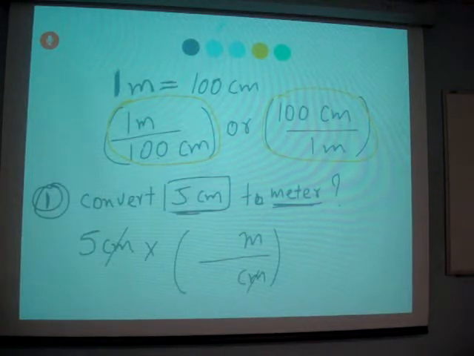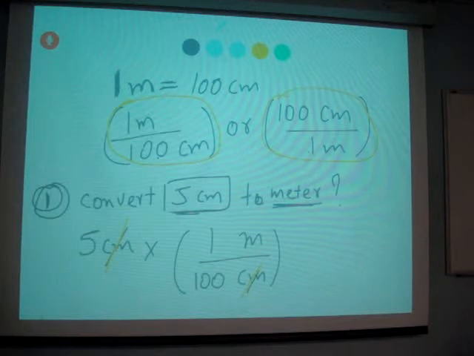Now out of these two, which one has centimeter on the bottom? The left one, the 100 centimeters and 1 meter. The given unit should be on the bottom so we can cancel it out, and the desired unit on the top.